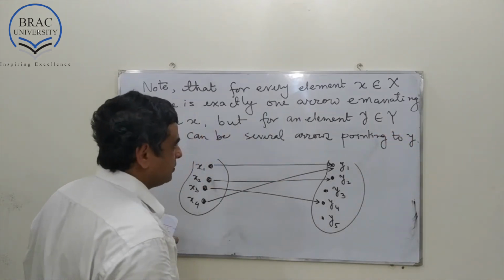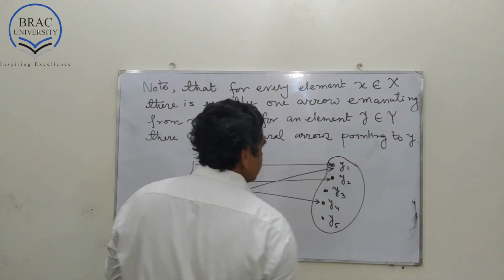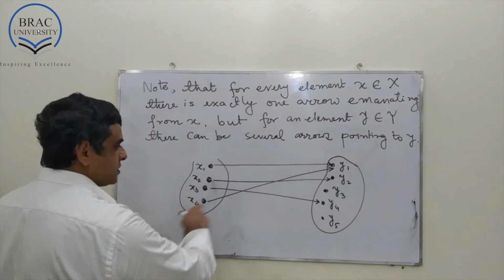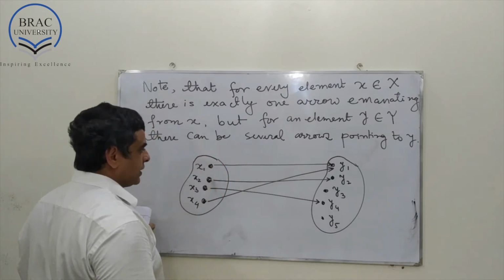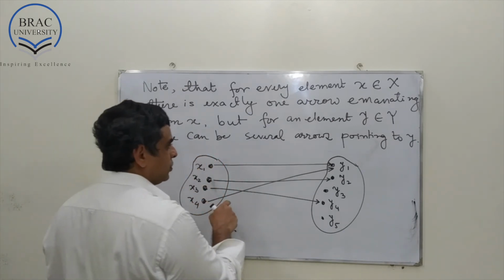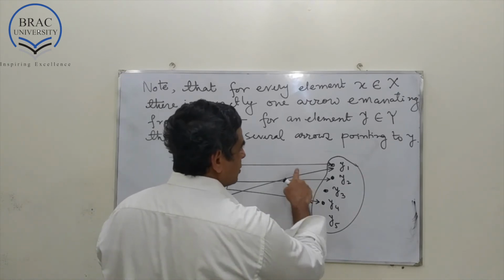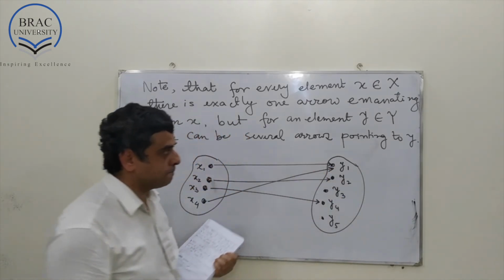Which is happening here, since there are two arrows, as we can see from the picture, which are pointing to y1.